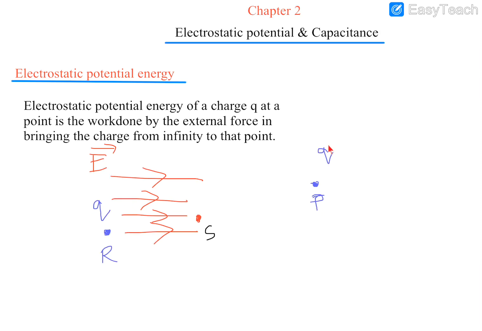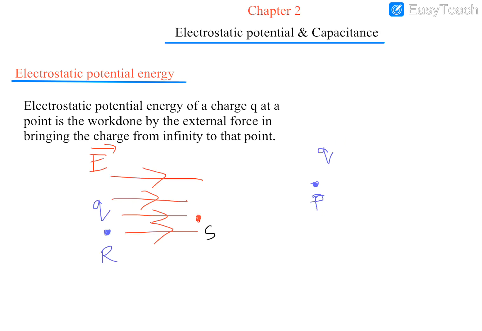Now imagine that you are trying to bring this Q at P to the point S. Now what happens? You already have a charge Q at R, and you are trying to bring another Q from P to S. If you move it towards S, this Q will exert a repulsive force, because this is a positive charge and this is another positive charge.